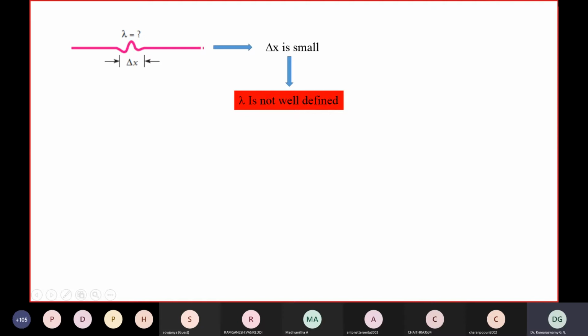So here, the uncertainty principle says that for a pair of conjugate quantities, the product of the uncertainties is always greater than or equal to h cross by 2.